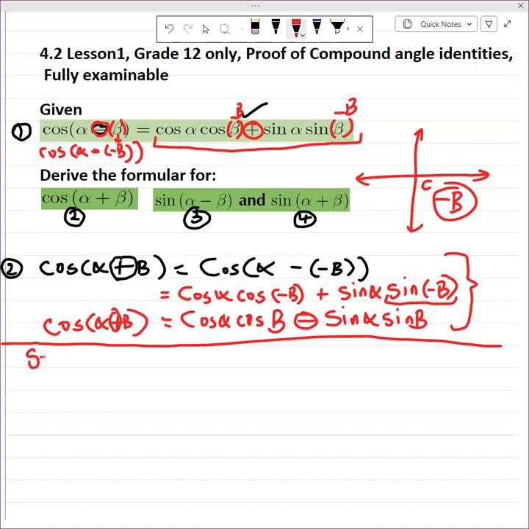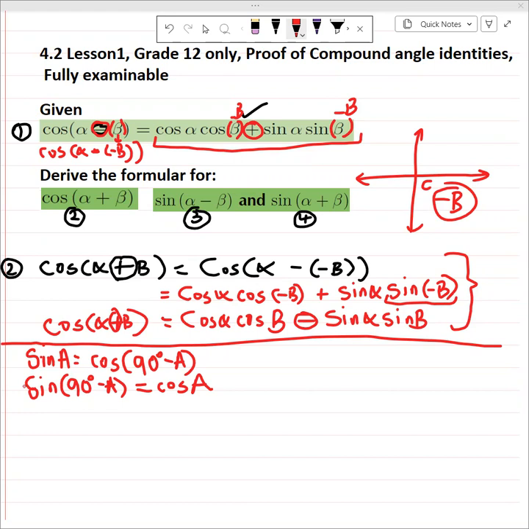Remember, sine A is the same as cos of 90 degrees minus A. And then also sine of 90 degrees minus A equals cos of A. We're going to use these two ideas to prove our trigonometric compound angle identity.